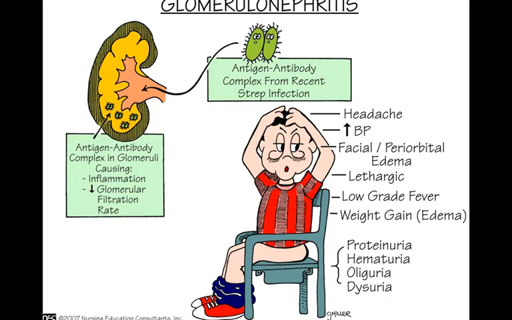They appear with shortness of breath, edema, crackles in the lungs, an S3 gallop. The most common edema with them is the facial and periorbital edema. That is the most common presentation. Their urine has an increase in specific gravity as well as these other symptoms that are listed here.